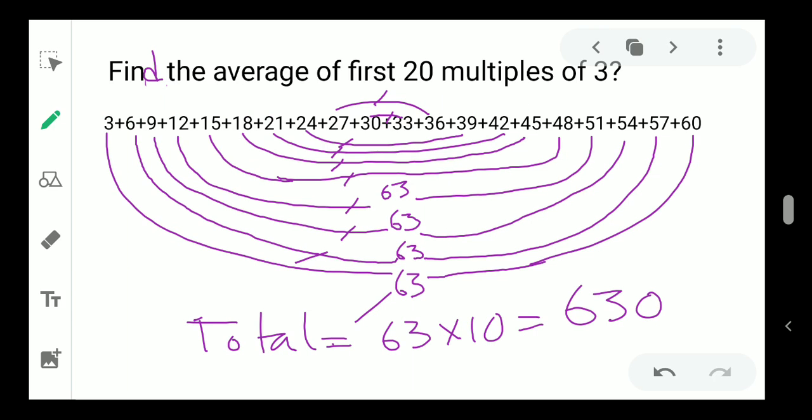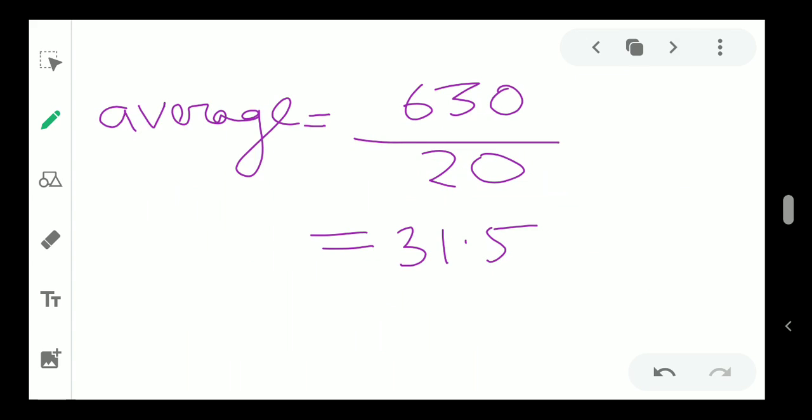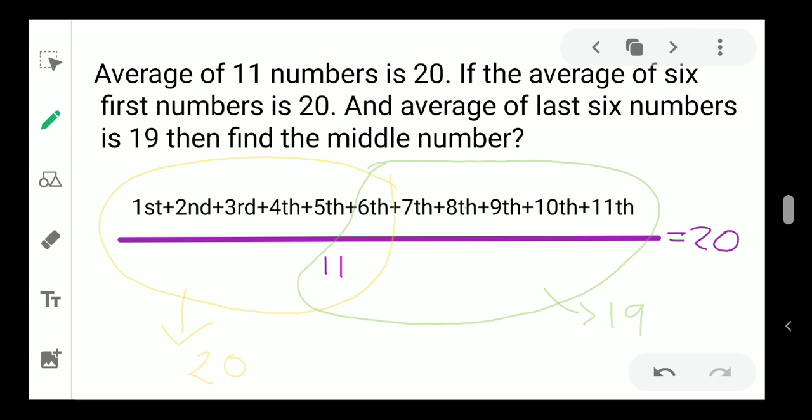We can do this by other methods also, but this is a very useful and interesting method. So using this method, this time you try to find out the average of the first 100 numbers. Very easy.